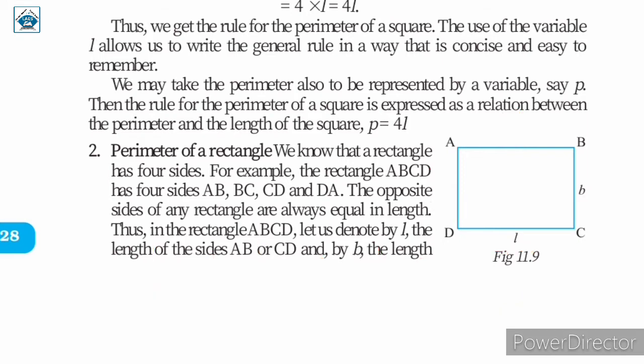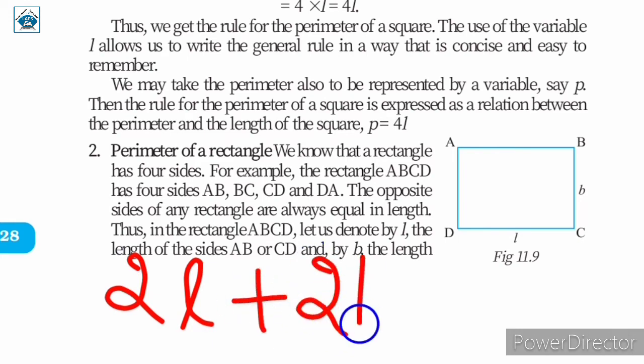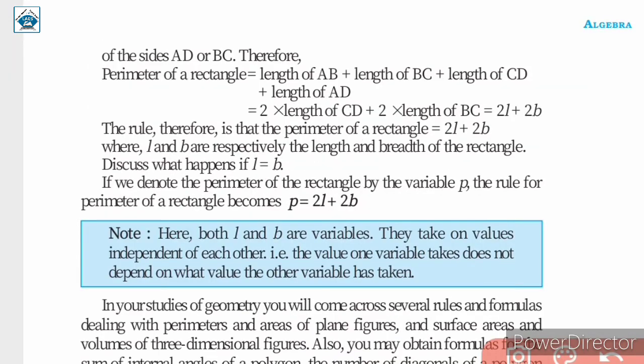Then we can write this as 2 times L plus 2 times breadth. So once again, if we denote the perimeter of the rectangle by the variable p, the rule of the perimeter of a rectangle becomes p is equal to 2L plus 2B.